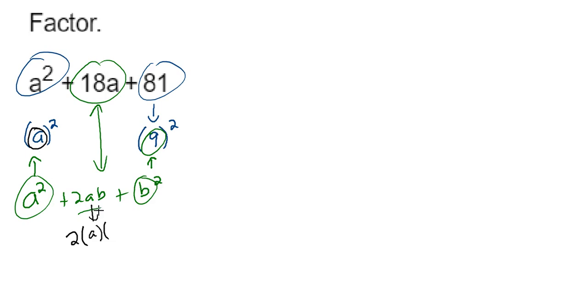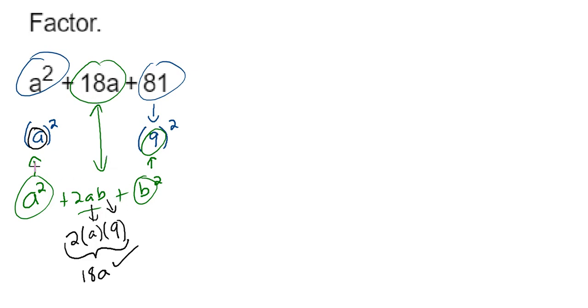I plug those two things into the middle term of this formula, right? So we have a for a and 9 for b. And then I'm going to multiply this out to make sure it matches up to that middle term, which it does, right? 2 times a times 9. The 2 times the 9 gives me the 18. The a just gets copied down. And so it perfectly matches the middle term that was given to me in my problem.